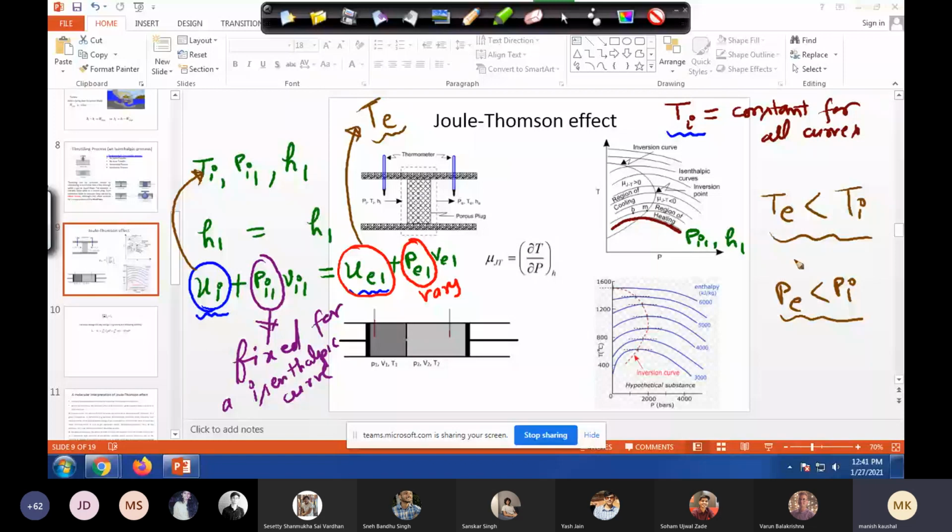It means the exit temperature will start decreasing as you go left. The exit temperature will decrease when P exit decreases. At the inversion point, the inlet temperature is fixed. All we are playing with is the outlet temperature.